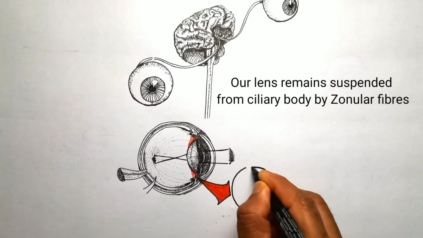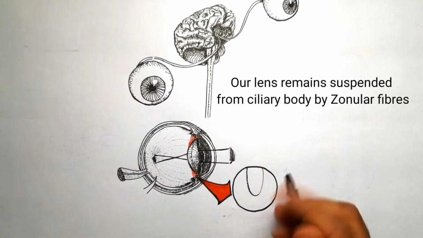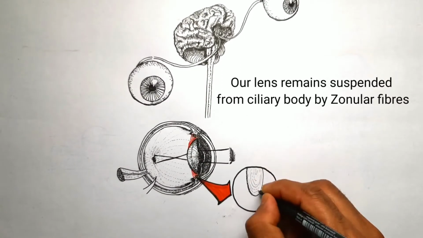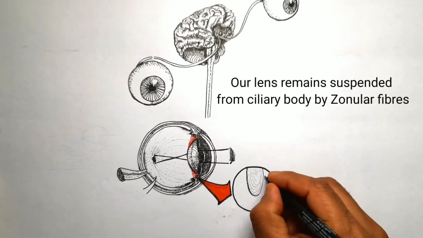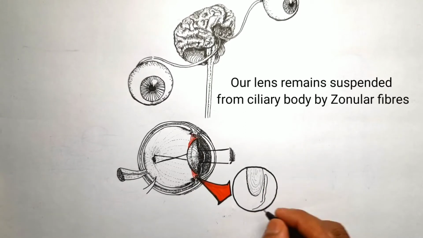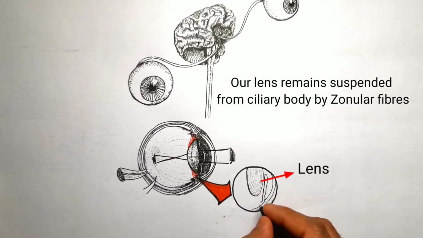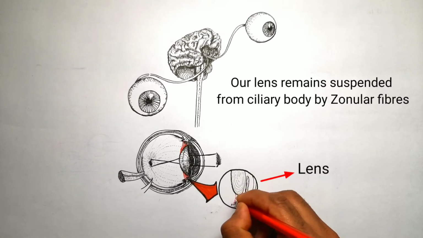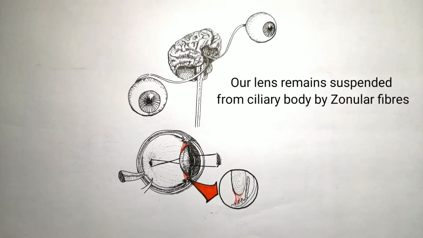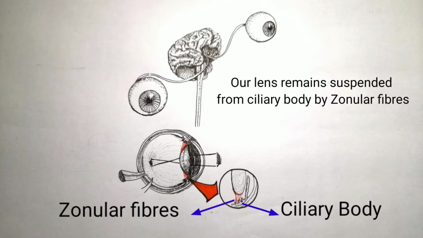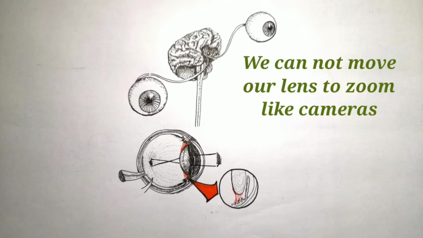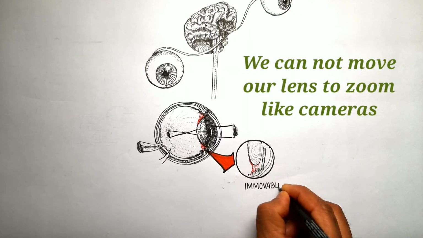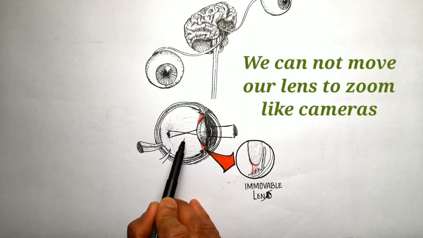We cannot shift it. As we know, our lens remains suspended in place by suspensory ligaments known as zonular fibres. These ligaments attach to the lens at its equator and connect it to the ciliary body. So it is impossible for us to zoom our lens to create an enlarged image of an object.